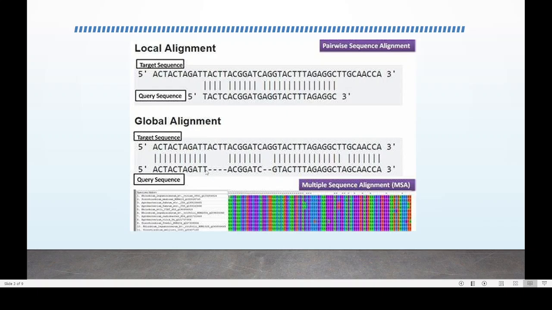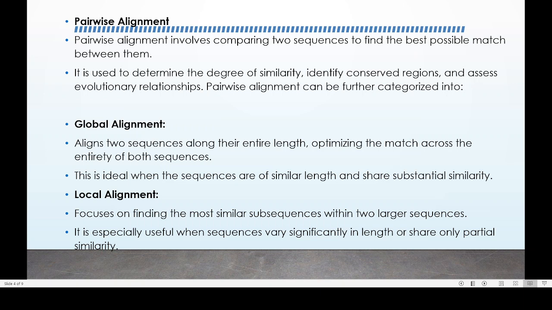Then there are 4 gaps here, and in those gaps we cannot find any regions of similarity, so we put a gap or dash there. But the advantage of global alignment is that the entire sequence is aligned. It aligns two sequences along their entire length, optimizing the matches across the entirety of both sequences.